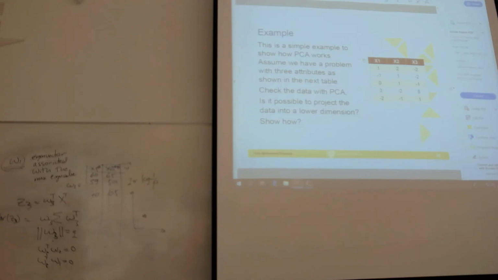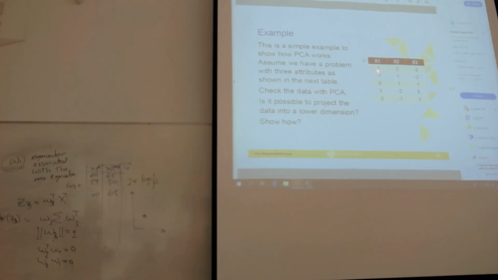Okay, let us do it over this simple example. We have here 3 dimensions: 1, 2, minus 2, minus 1, 1, minus 2, and so on. This is a sample of data, a simple table of data. And we would like to check how to use principal component analysis to reduce the number of dimensions.